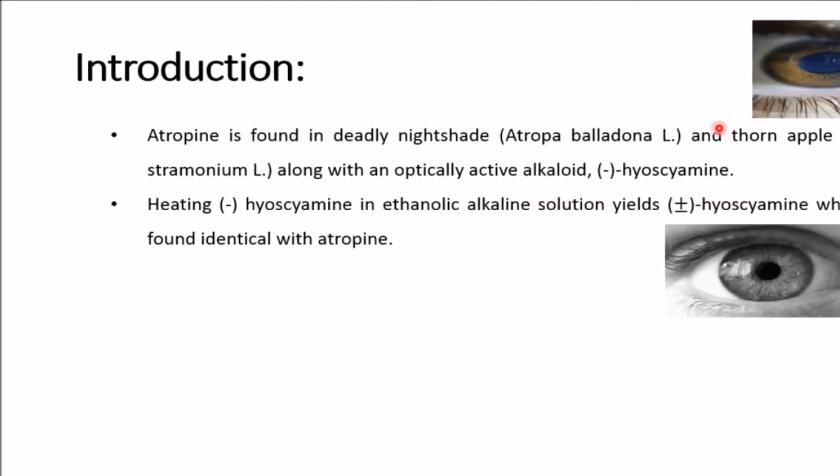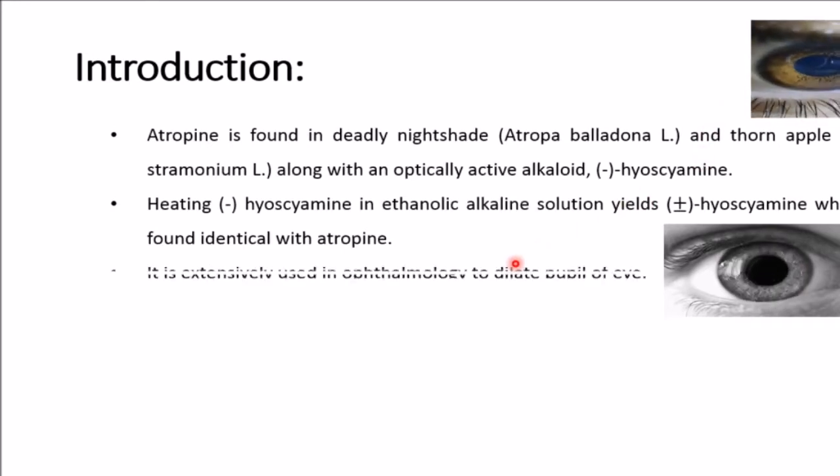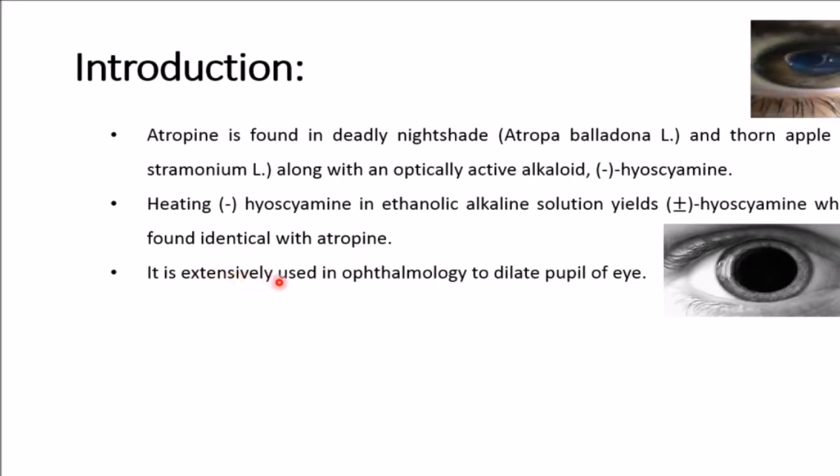Now you might be puzzled why I put these two GIFs over here. They show the pupil opening up and closing. This is the modified structure, and this is the actual one. Atropine is extensively used in ophthalmology to dilate the pupil of the eye.